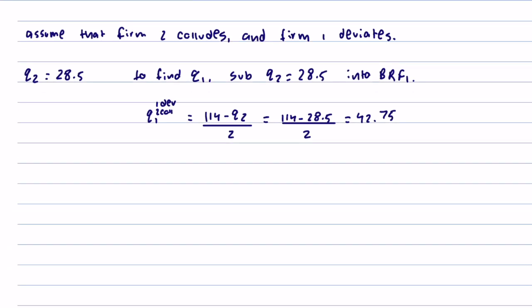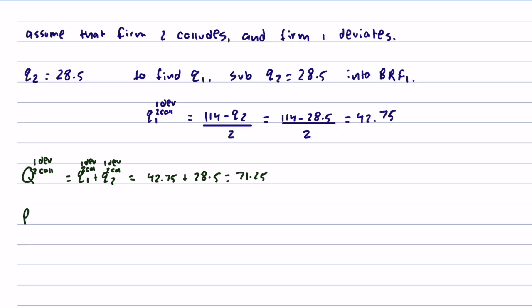Now that we have Q1 and Q2, we can find market output, big Q. Q when 1 deviates and 2 colludes is equal to Q1 plus Q2, which is 42.75 plus 28.5, which is equal to 71.25.